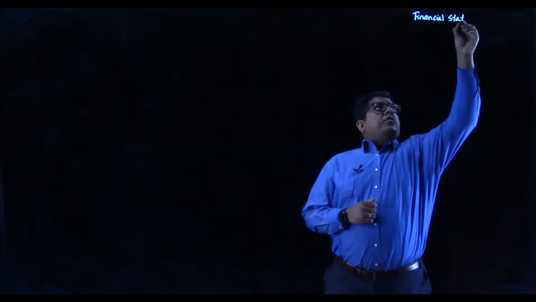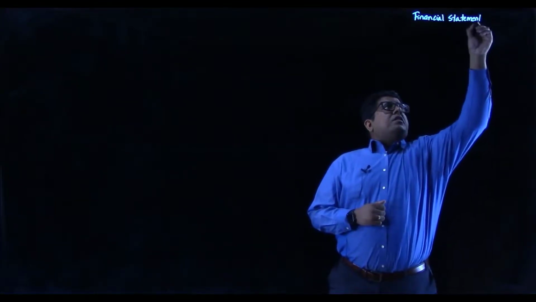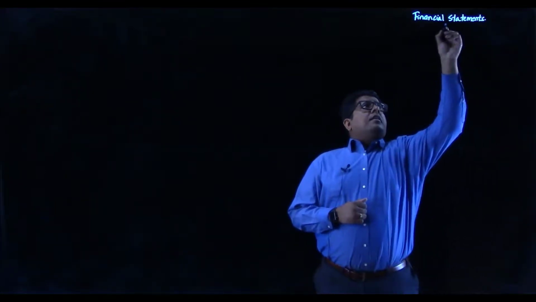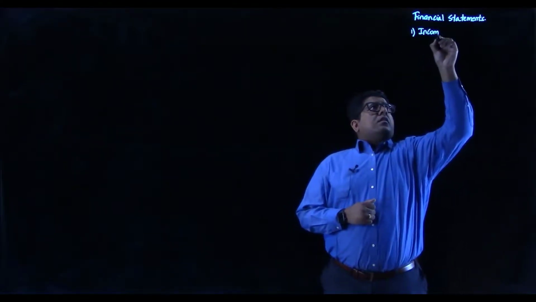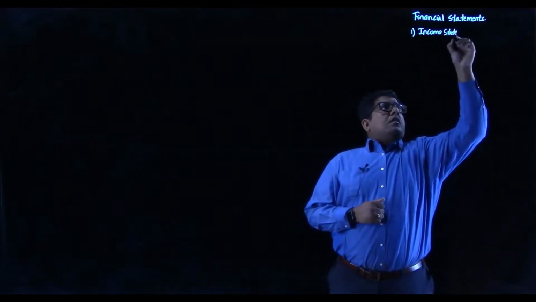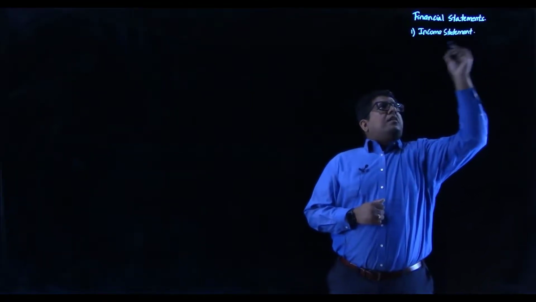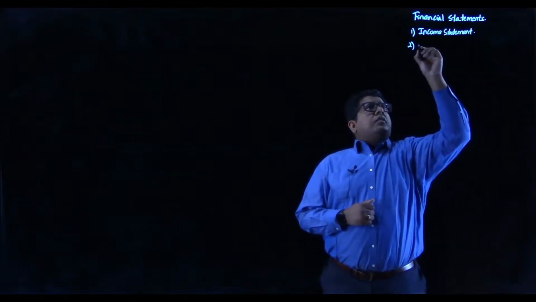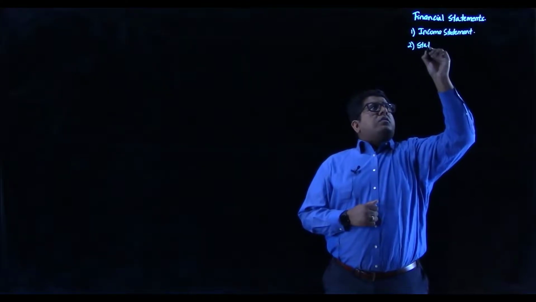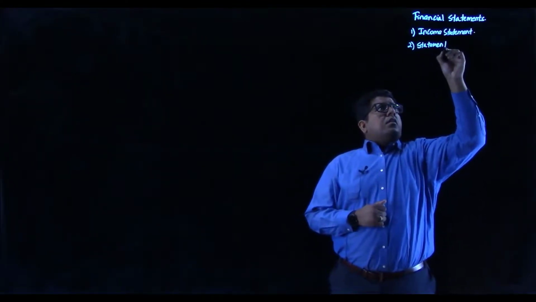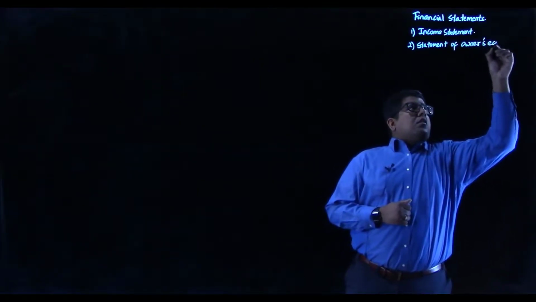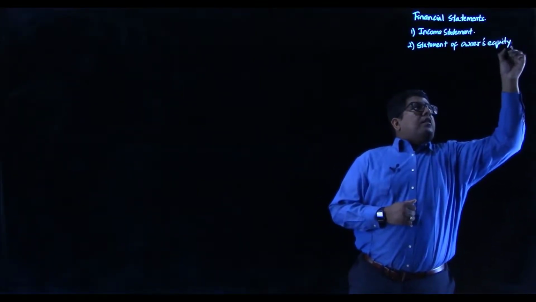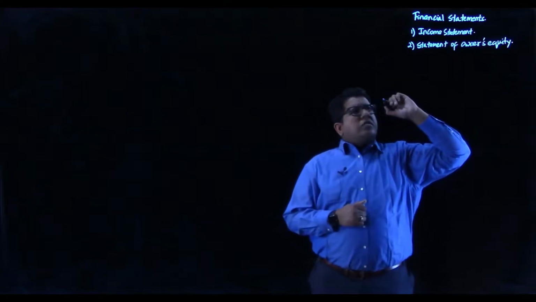So you have three types of financial statements. Number one is your income statement. Number two is your statement of owner's equity, also known as the owner's equity or equity statement.